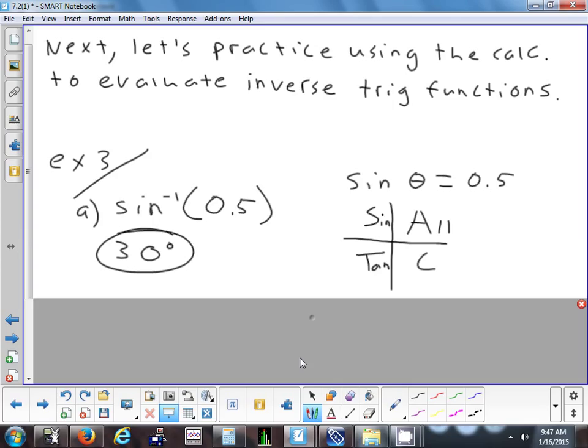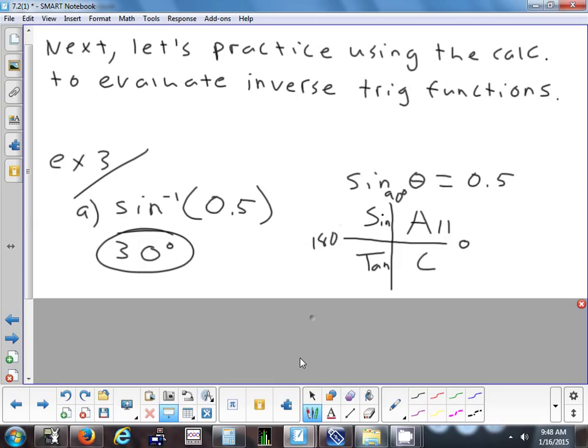In quadrant 3, the only trig function that comes out positive is tangent. Tangent of 200, tangent of 210, tangent of 269. They're all going to come out positive. Okay? Sine of 200, negative. Cosine of 200, negative. Okay? Tangent is the only trig function that's positive in quadrant 3.